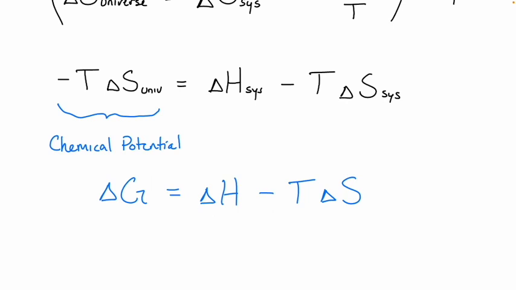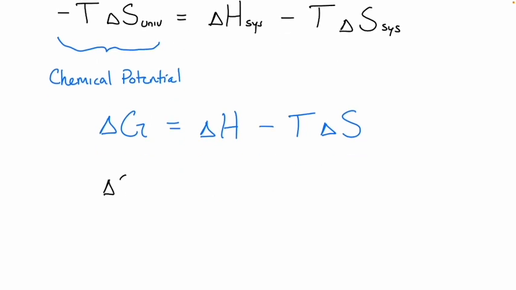Okay? If we remember, our delta S of our universe had to be greater than 0, right? A process will occur if delta S of the universe is greater than 0. Well, that means that if we look at our equation here, delta G would be less than 0, right?